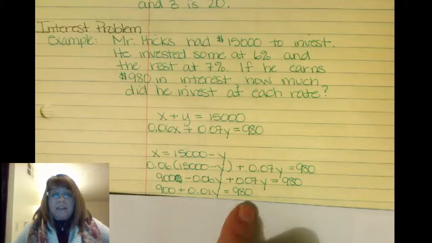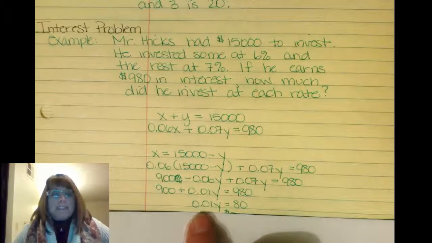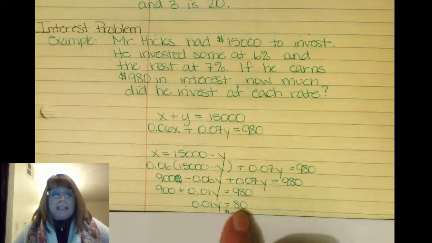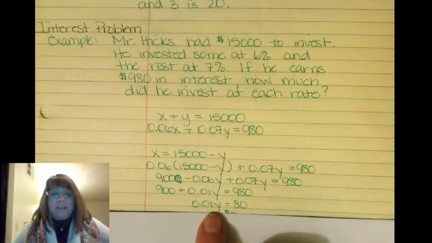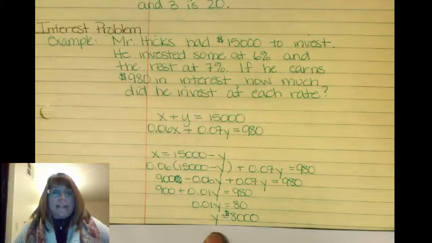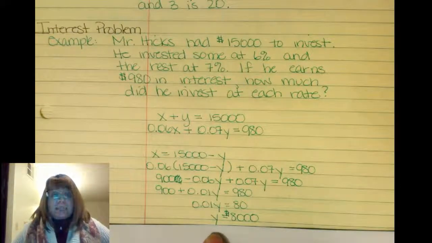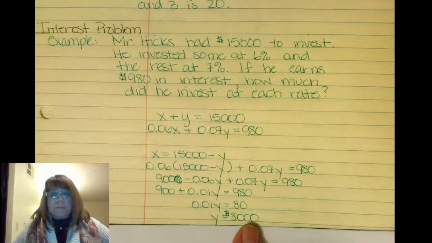I'm going to subtract 900 from each side. I get 0.01y equals 80. Now I'm going to divide by 0.01. That gives me y equals 8,000. So I know the amount I invested at 7% is 8,000.